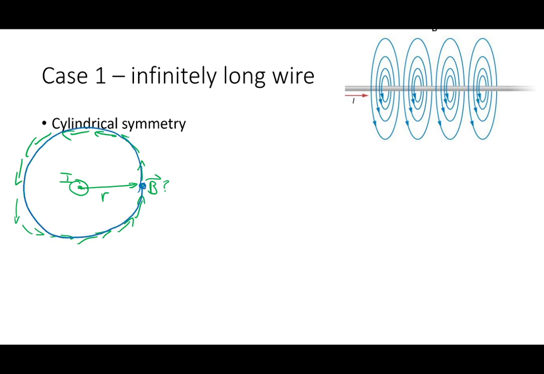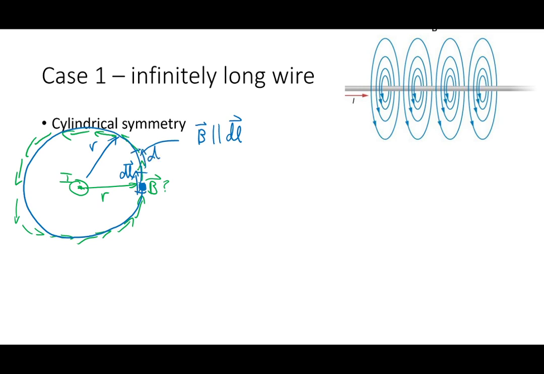So to find the magnetic field at B, we would choose an Amperian loop such that every single point on there will have the same magnitude of magnetic field, which would be a circle of radius r. So on this circle, at every single point, your magnetic field is parallel to your dl, to your little chunk of loop you're moving through.